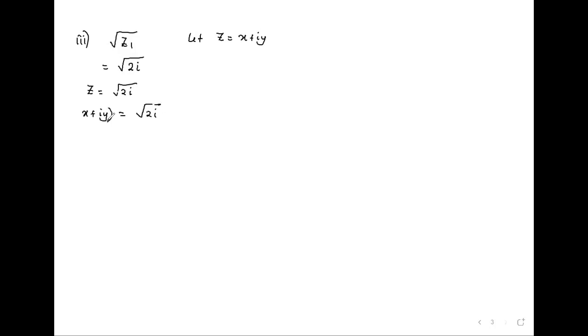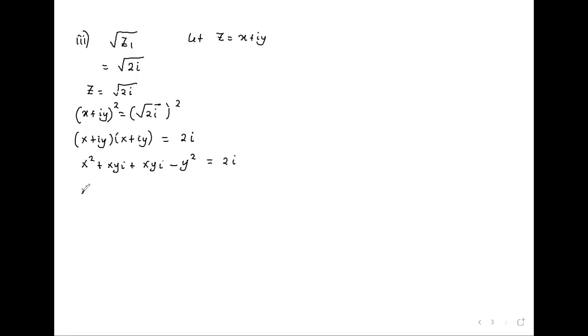So if I square both sides, then we'll have x plus iy multiplied by x plus iy being equal to 2i. So now we expand on the left, we get x squared plus xyi plus xyi minus, because of the ii, y squared is equal to 2i.